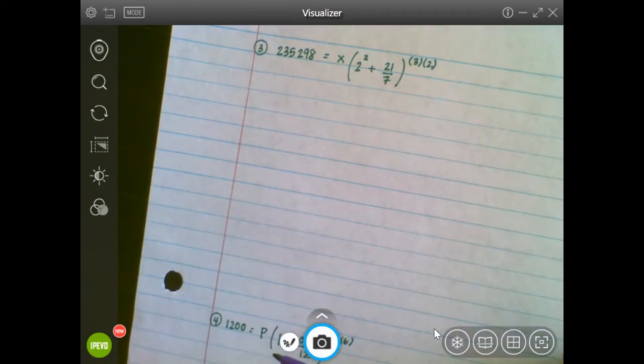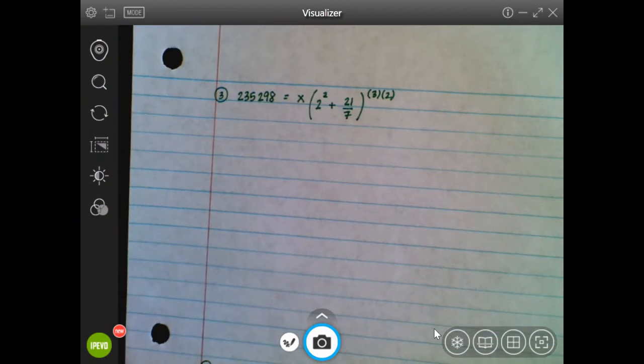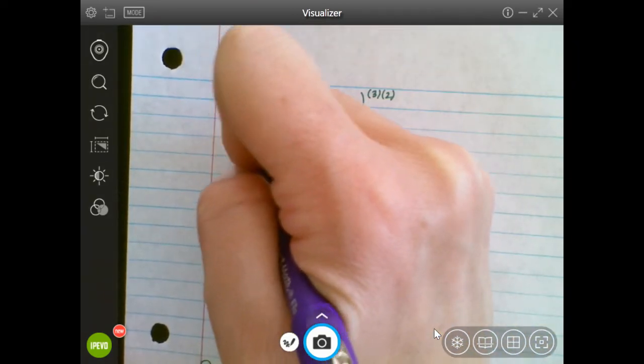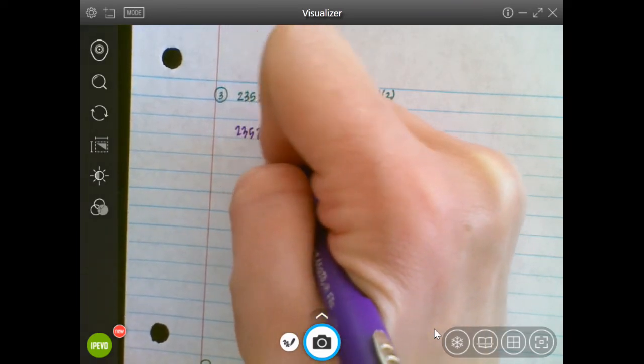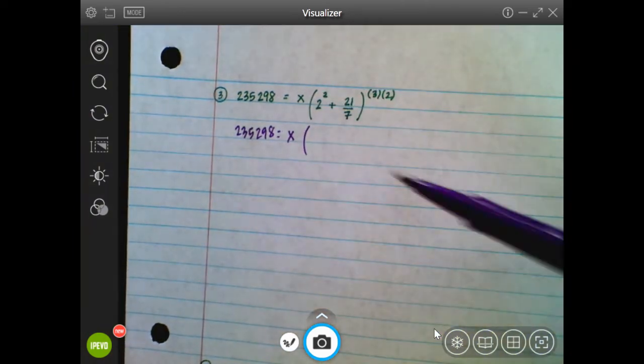All right, so what happens now in examples 3 and 4, where we notice that the variable that we want to solve for is not by itself on one side of the equal sign. So the order of operations is still going to kind of stay the same. So I'm going to notice that P, parentheses, I have stuff to clean up on the inside here. So I'll bring down this 235,298 equal to X. And then I'm going to start cleaning up on the inside here.